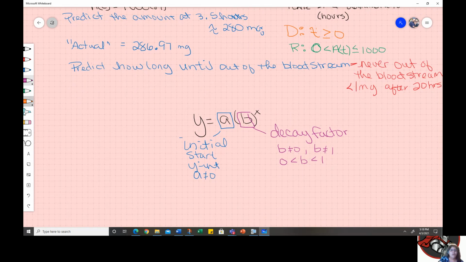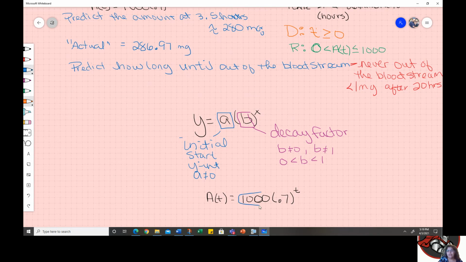All right, so when we bring it back to our equation from up above, our a with respect to t, 1,000 times 0.7 to the t power.